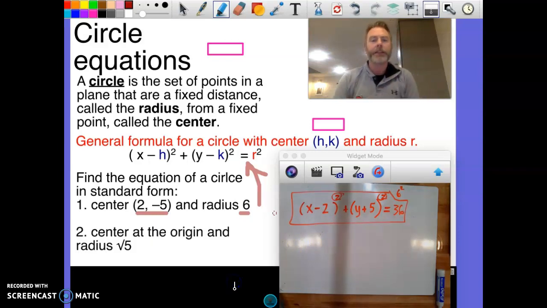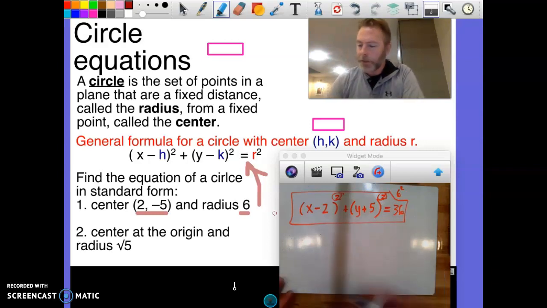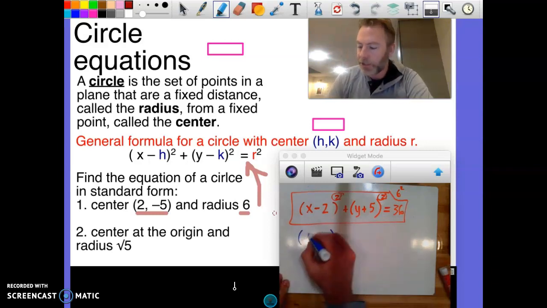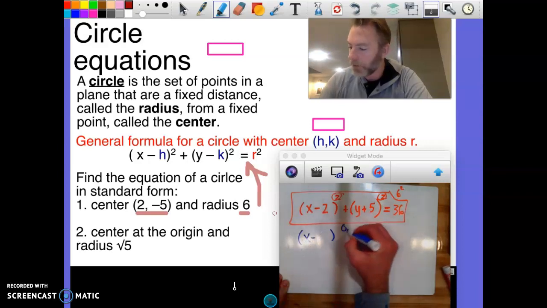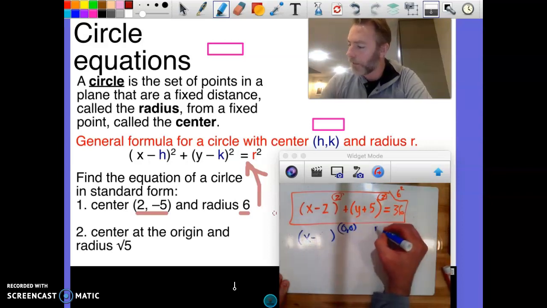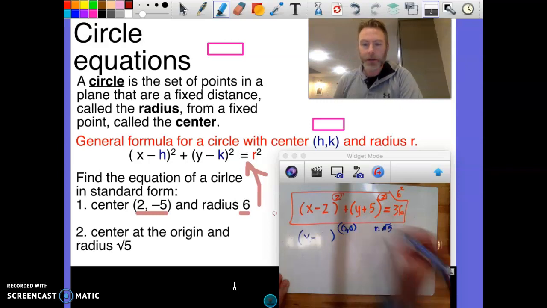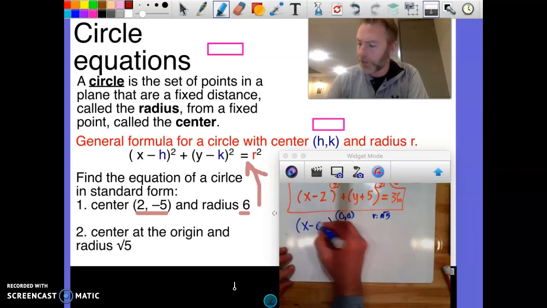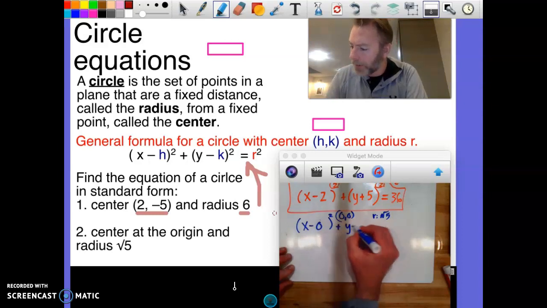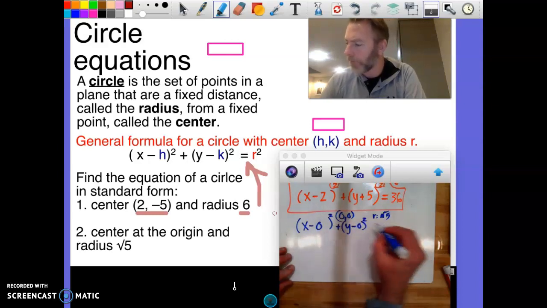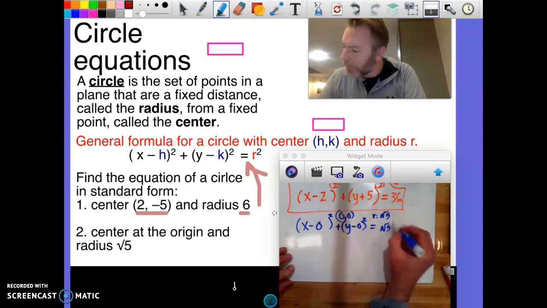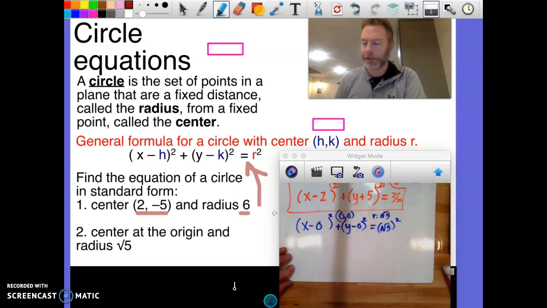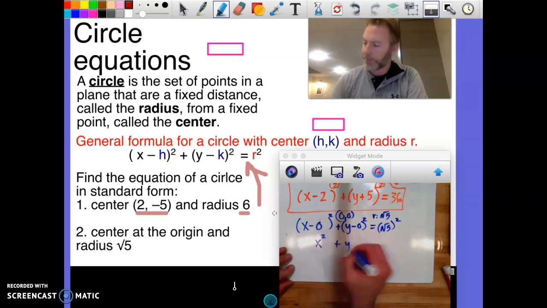Let's try another one. Center at the origin and the radius square root 5. Okay, so when we're setting this up, the origin is 0, 0, and the radius is square root 5. So h and k are 0. So x minus 0 squared plus y minus 0 squared equals square root of 5 squared. Let's simplify that a little bit. X minus 0 squared is the same thing as x squared, and this is the same thing as y squared.